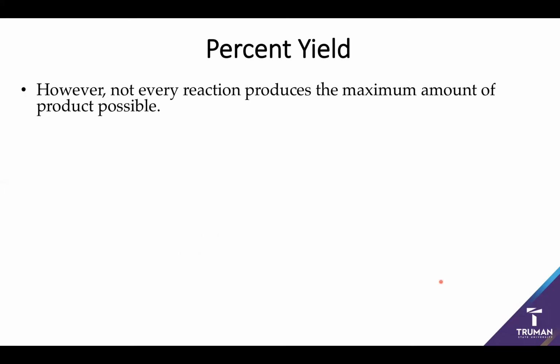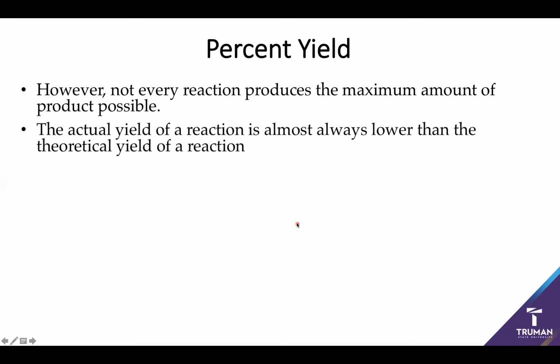So the number that often people like to report is percent yield. So if I can produce a given amount, what percentage of that, or how close to perfect am I? The percent yield is almost always lower than the theoretical yield. If it isn't, it usually means you didn't account for something.